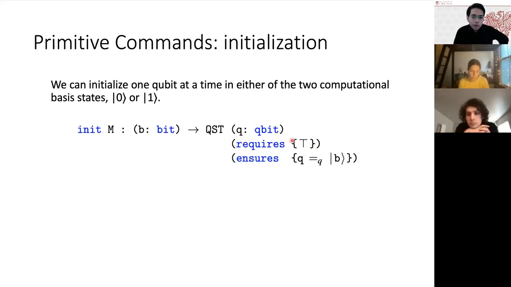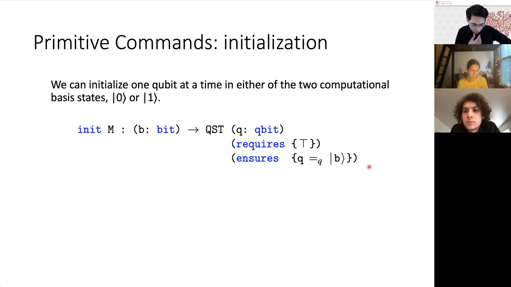The requirement on this command is nothing; it's always true, meaning you can initialize a qubit whenever you want. This is under the assumption that you have a countably infinite set of logical qubits available. What it ensures is also pretty simple: it says that the given qubit q will be in the state ket b, either ket 0 or ket 1.